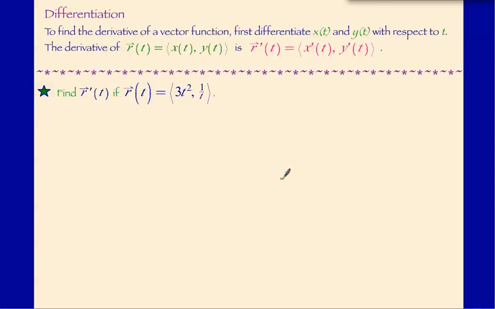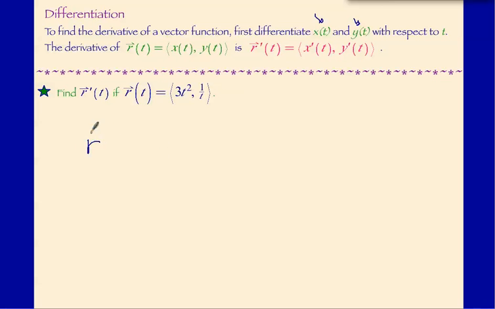To find the derivative of a vector function, first differentiate x of t and y of t with respect to t. The derivative of vector function r of t, r prime vector t, is x prime of t, y prime of t. So simple.